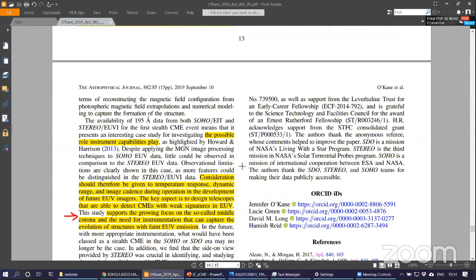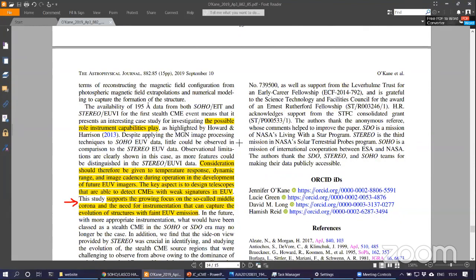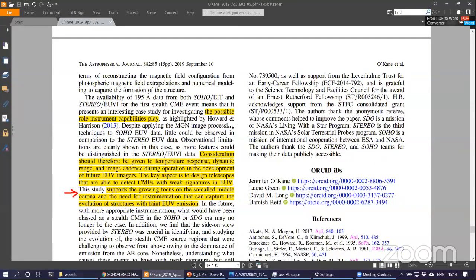And moreover, they have also emphasized the possibility that the instrument's sensitivity and resolution play a role, because just by looking at the normal images, it's very difficult to identify the locations. Maybe by combining different image processing techniques or extending the field of view of our full disk images.